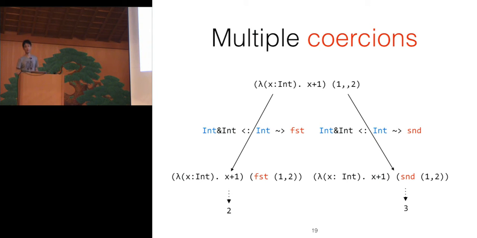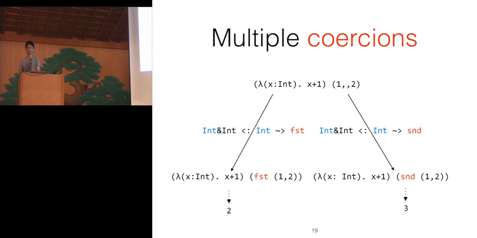So in this example, if you have 1 merged with 2, then since there are 2 possible subtyping relations, and the coercions are different, this leads to different target terms and different evaluated values.